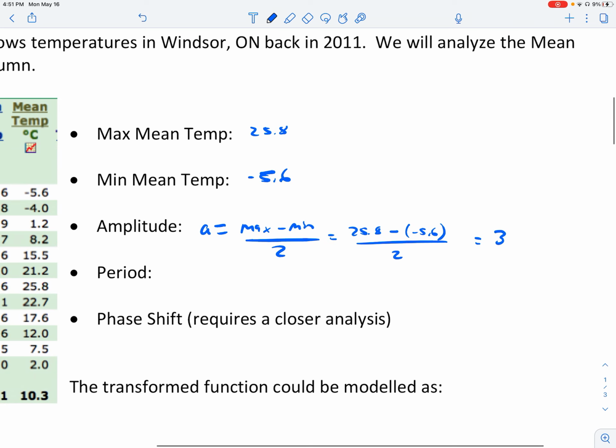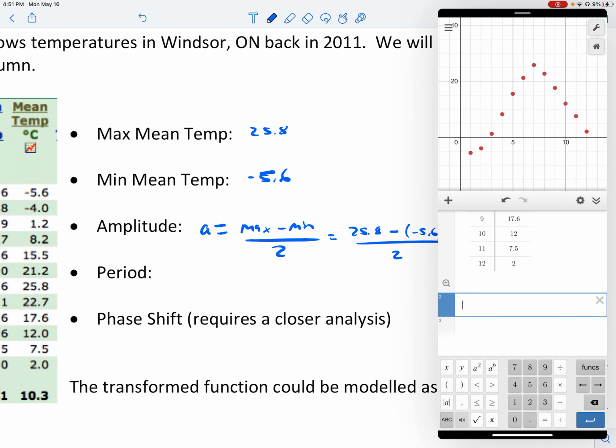So I think that's going to work out to 31.4 over 2. So looks like about 15.7. So let's just double check this. 25.8 plus 5.6. Divide all that by 2.